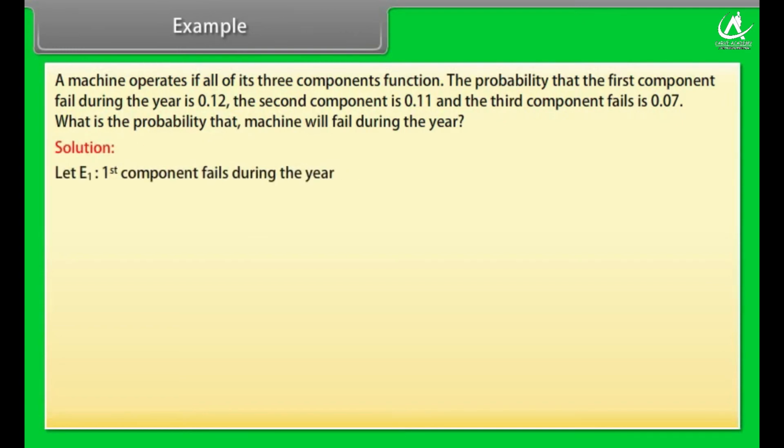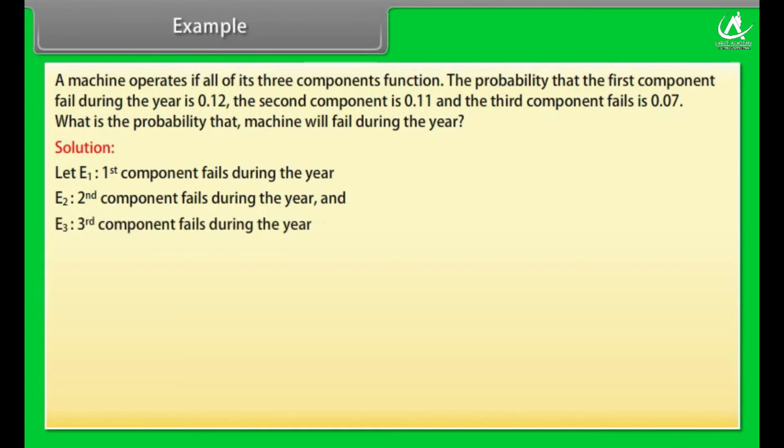Let E1 be the first component fails during the year, E2 the second component fails during the year, and E3 the third component fails during the year. P(E1) is equal to 0.12, P(E2) is equal to 0.11, and P(E3) is equal to 0.07.